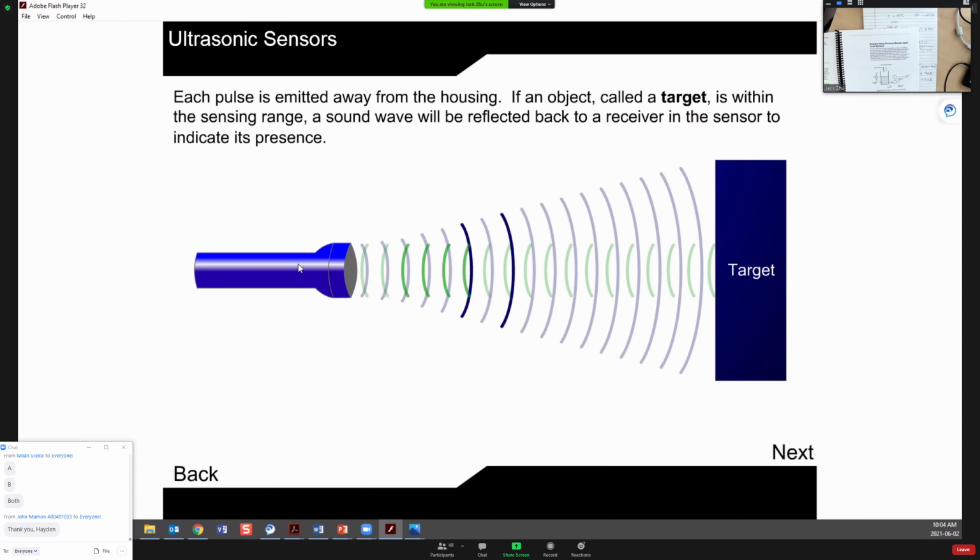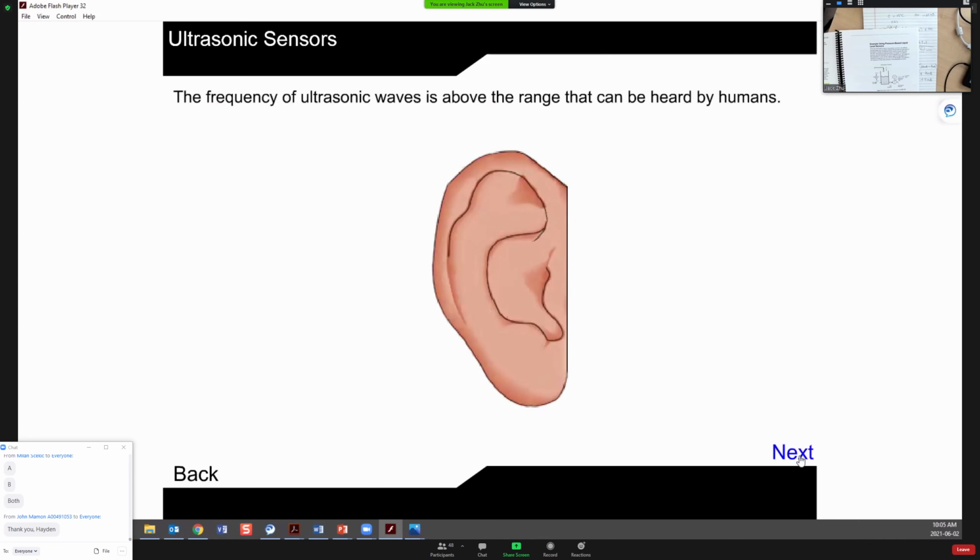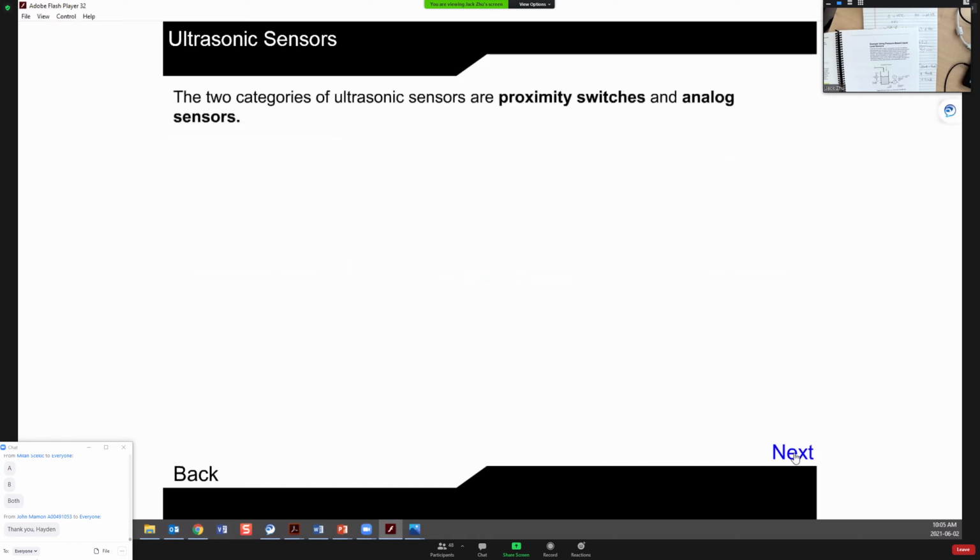Then it detects the time between sending out and bouncing back to determine the distance. The ultrasonic waveform is something we cannot hear because it's above our hearing range. There's a switch type and an analog sensor.